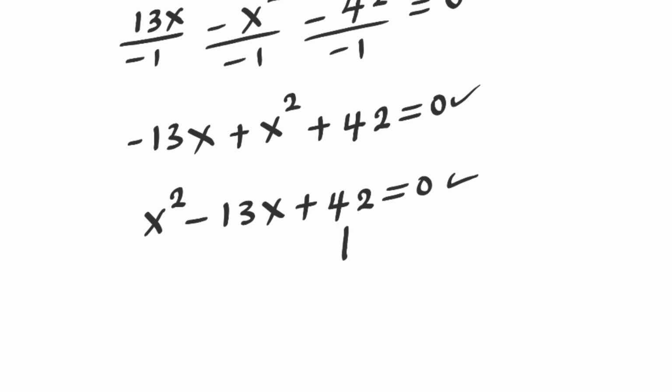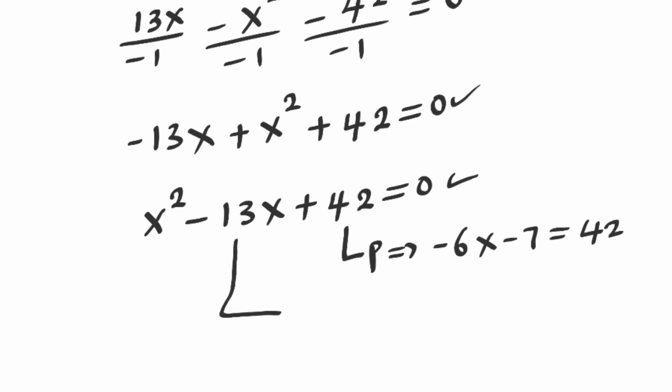Now here, we have minus 6 multiplied by minus 7. This is equal to 42. Then the sum here is minus 6 minus 7. This is equal to minus 13.